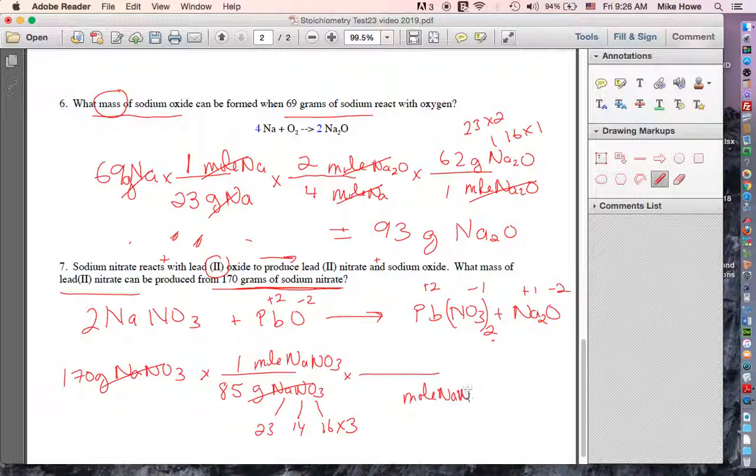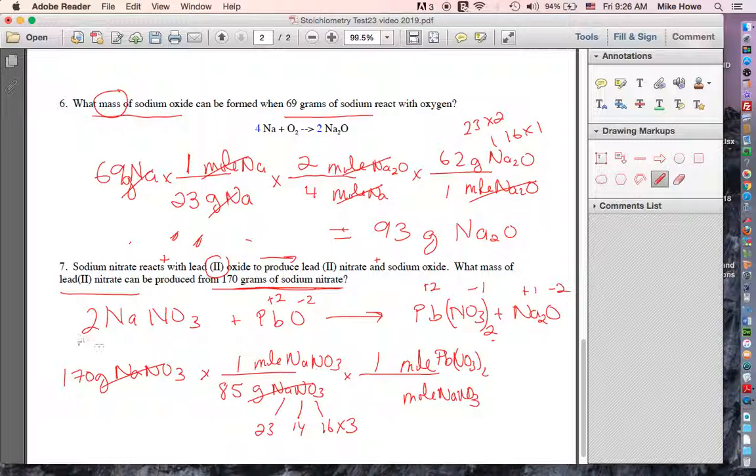Is this the mole ratio step? Yes. So put moles on top. And what we're looking for again, lead-2 nitrate. What mass of lead-2 nitrate? That's over here, so we'll put Pb(NO3)2. What is the number in front of lead-2 nitrate? Oh, it's a 1, so put a 1.